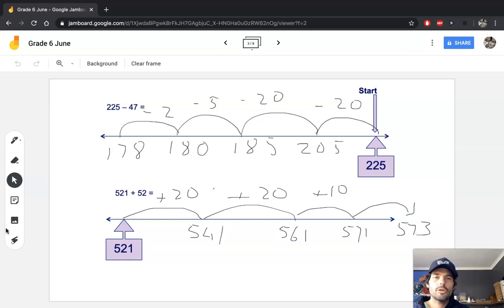As long as you're comfortable with the numbers you've broken up into, and here we are adding and subtracting predominantly friendly numbers. Remember, friendly numbers are numbers that end in 0, and they are the easiest numbers to deal with. Okay, so I hope that that jump strategy makes sense to you. It's visually appealing. You can see exactly what's happening to the numbers as you work with them, and I encourage you to use these methods moving forward.